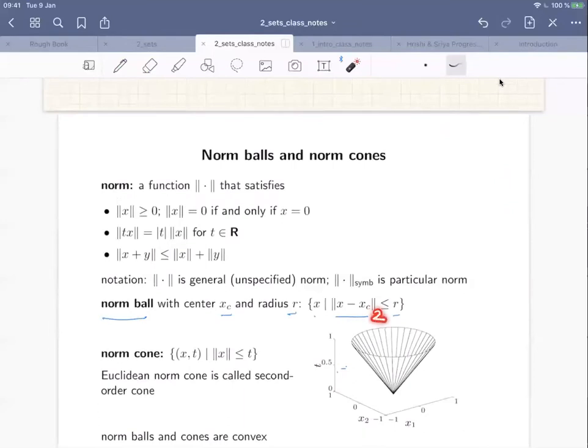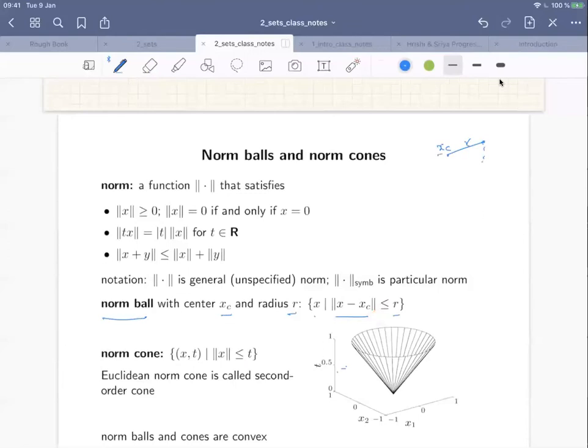If you write 2 here, that means it's a Euclidean ball, and then we know it's a distance from xc, which has to be less than or equal to r.